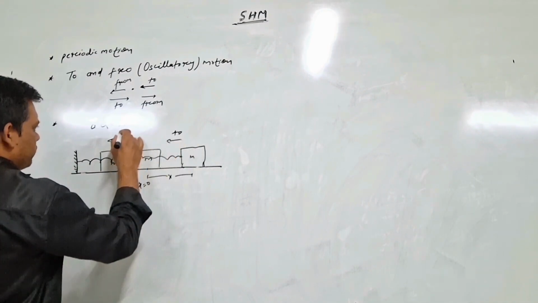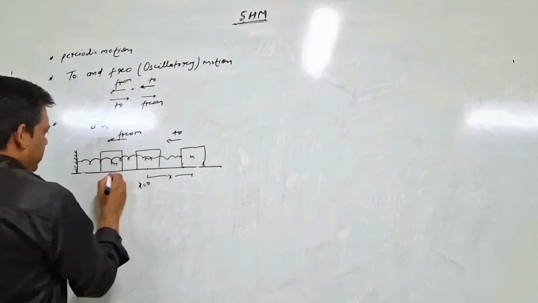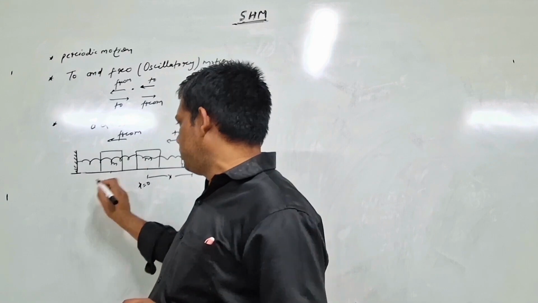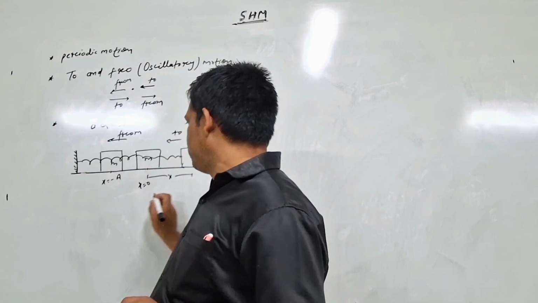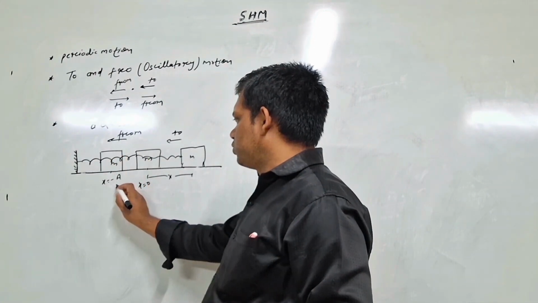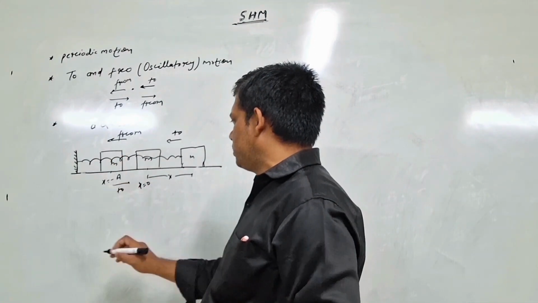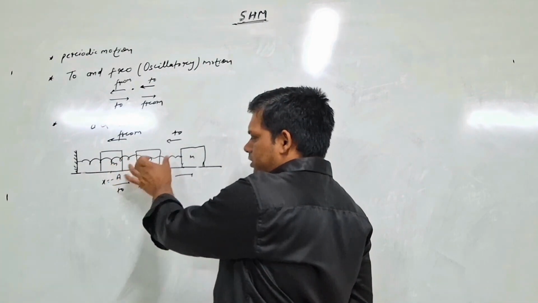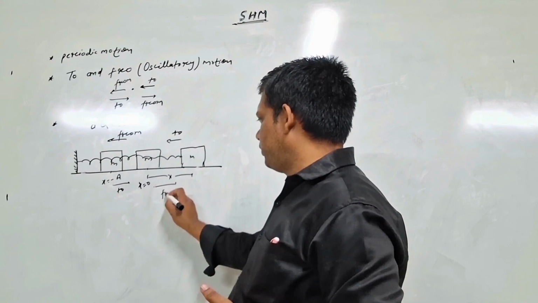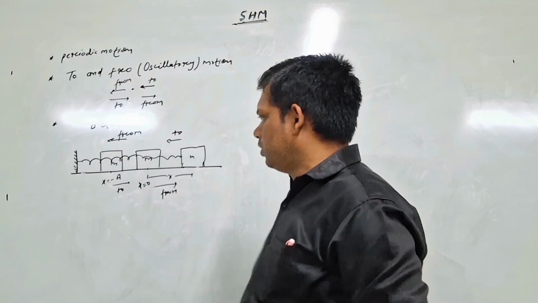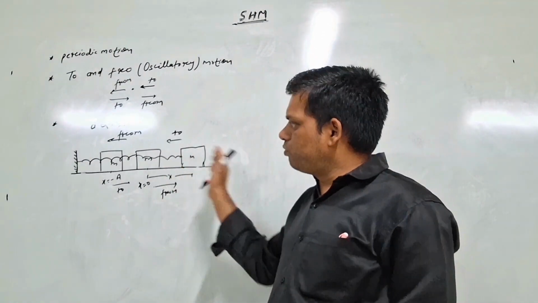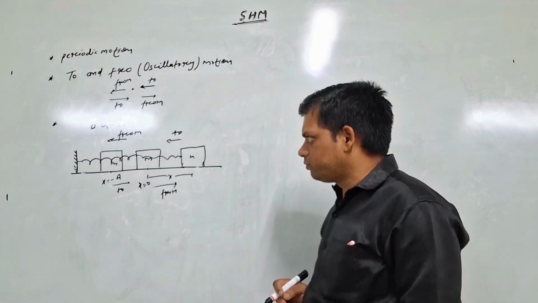Again after reaching here, x equal to minus a, it will again move towards the mean position, reach the mean position, and then move away from it. So in this way the mass will move in to and fro motion, that is oscillating motion.